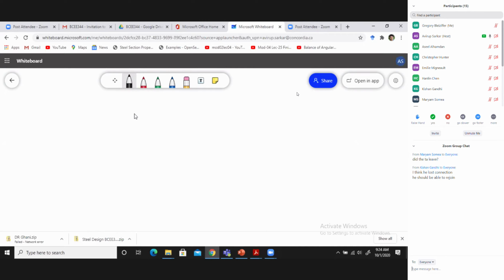Radius of gyration. So what is radius of gyration? It is basically root over I by A, and that can be calculated about any axis.